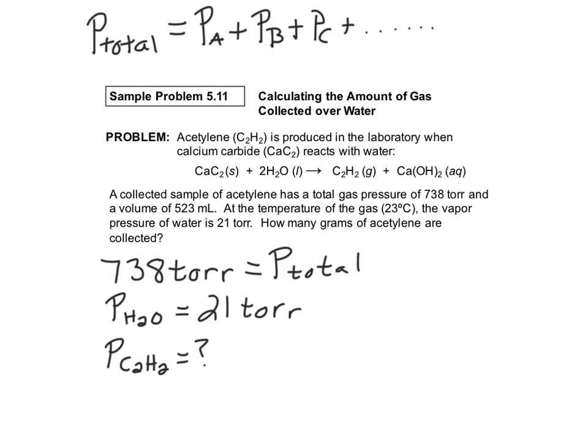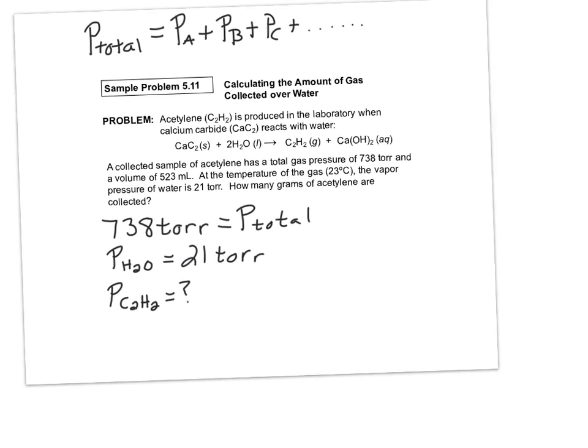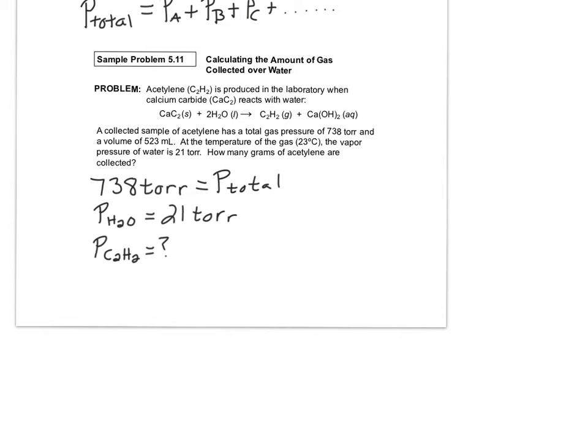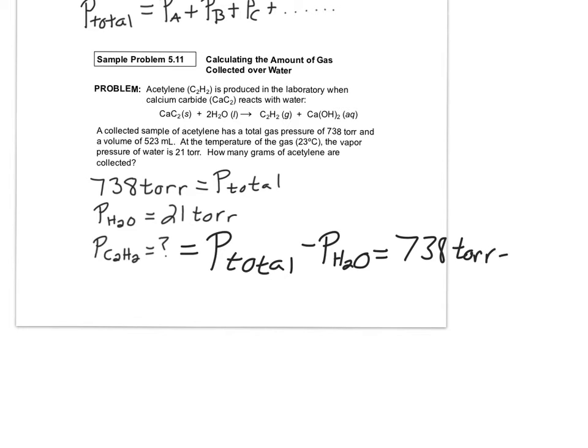So, if I'm interested in just the partial pressure of acetylene, let me get some more room to write here. Then that's going to equal P total minus the pressure of the water, which is going to equal 738 torr minus the 21 torr from the water, which is going to be equal to 717 torr.